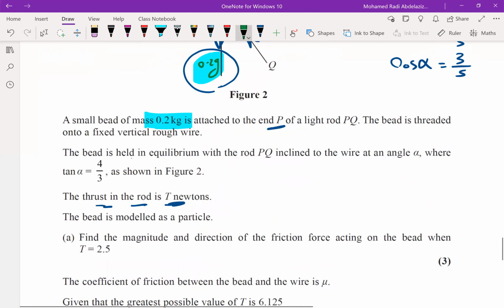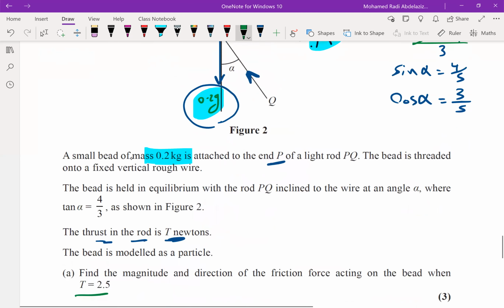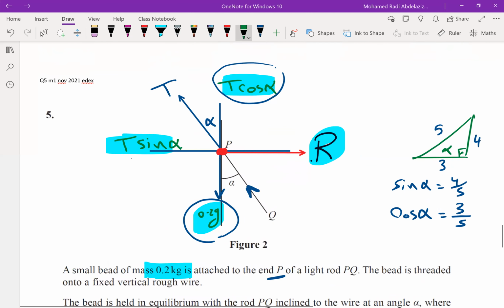It's given here in part A, find the magnitude and the direction of the frictional force acting on the bead when T is equal to 2.5. So now T is 2.5. The force acting up is 2.5 multiplied by cosine alpha, which is 3/5.